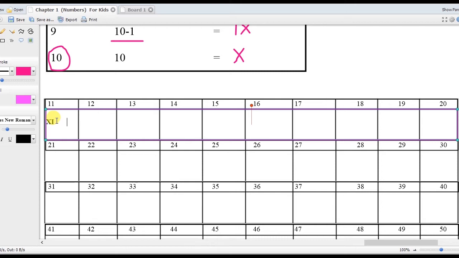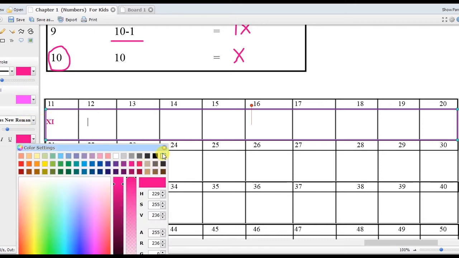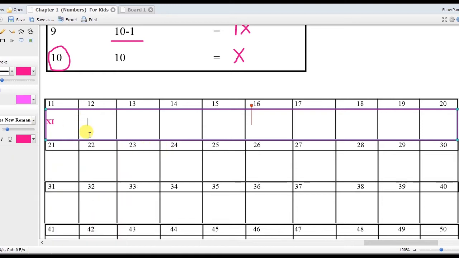Okay, for number 12, let me also just change the color. So 12, 10 plus 2 is 12. For 10 I'm going to write X, and for 2 I'm going to write 2 sticks. Next for number 13, 13 is basically 10 plus 3. Why do I always start with 10?